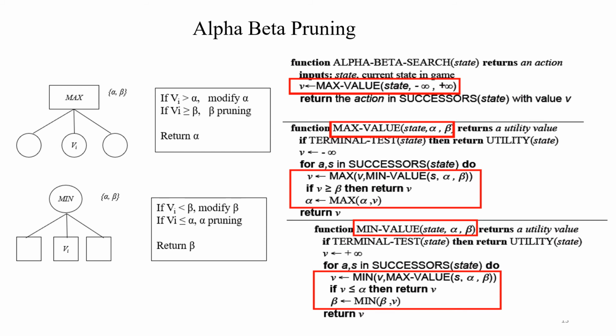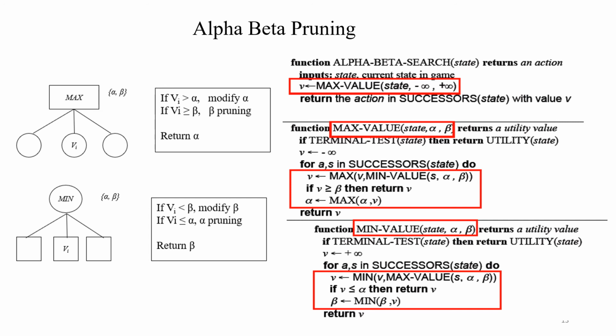The two important subfunctions are max value and min value. Both functions return the utility value of the leaf nodes. First we'll see the max value. Max value takes three parameters: its current state, and the alpha and beta values.